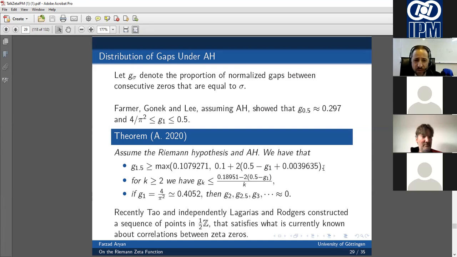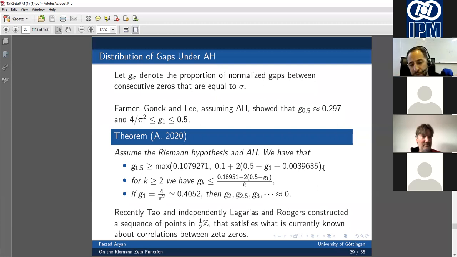There's a recent result of Tao, and independently Logunov and Rogers. What they did is construct a sequence with spacing equal to half integers that satisfies everything that Montgomery based his theory on.